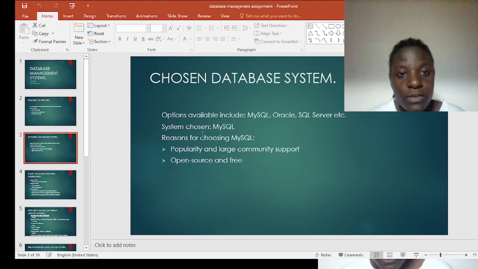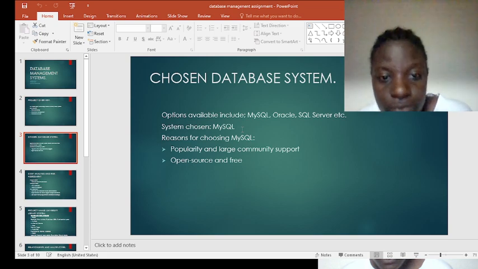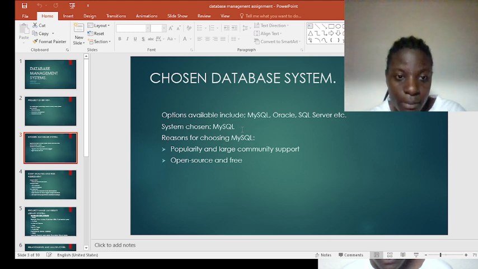For my project, I've chosen MySQL because of the following reasons. One, popularity and large community support. MySQL has a large community which supports the users when building their projects.